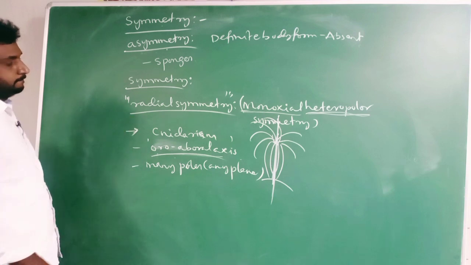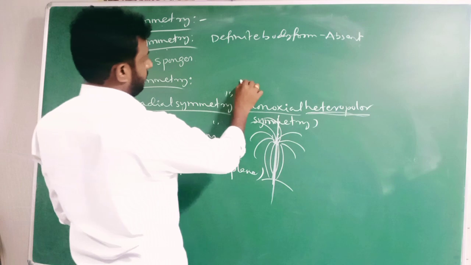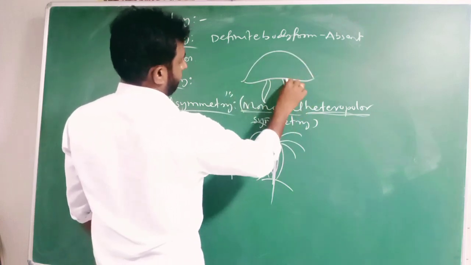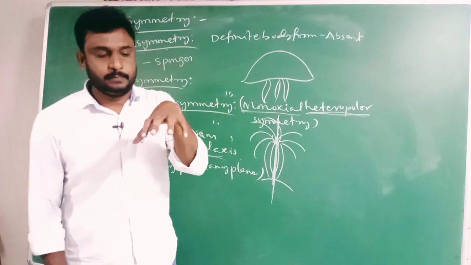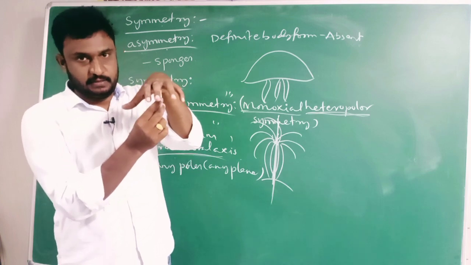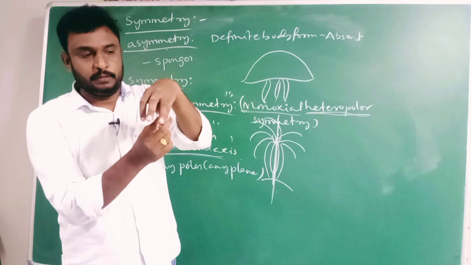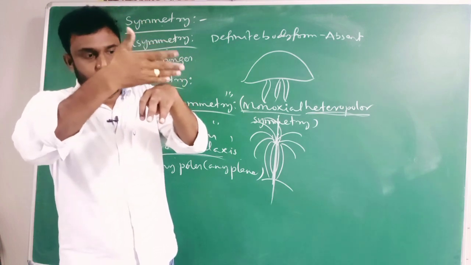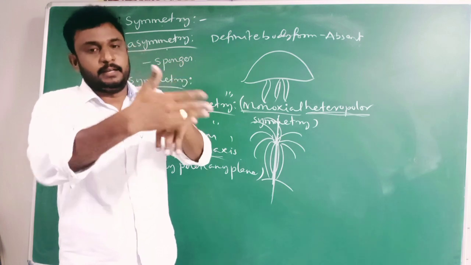So examples for radial symmetry are cnidarians, hydras and jellyfishes. Jellyfish is umbrella shaped. The umbrella is present like this, then the umbrella stick. This is the central axis, the oro-aboral axis. When we cut the umbrella into two parts through the central axis, it can be cut into two identical parts.